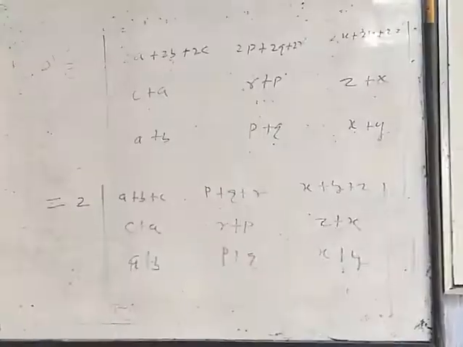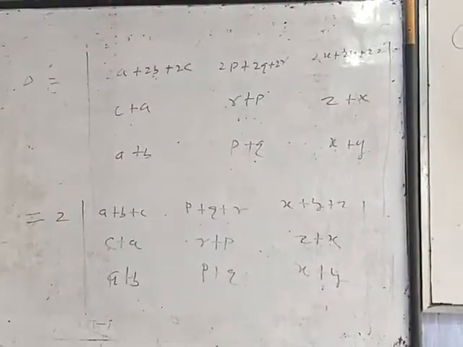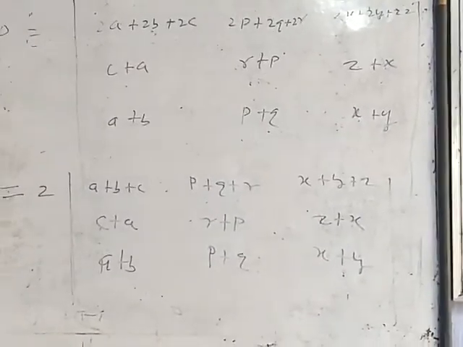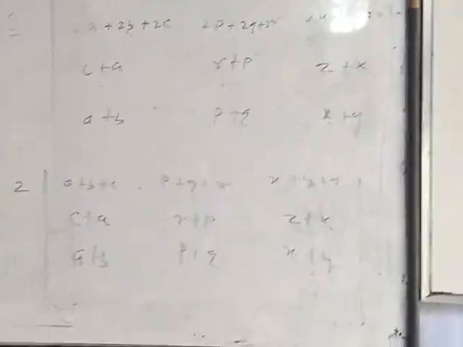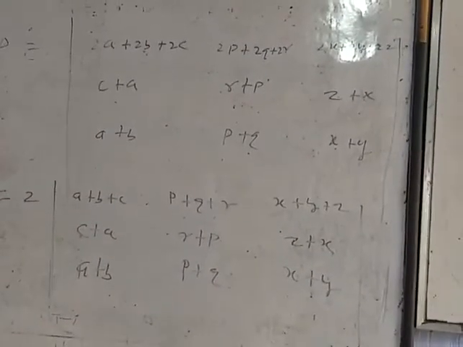Now we see also here we have to bring A, B, C, P, Q, R, X, Y, Z. So how can we get this one? So we will do this thing.